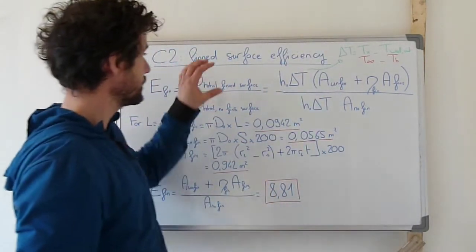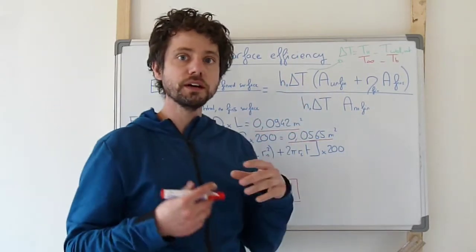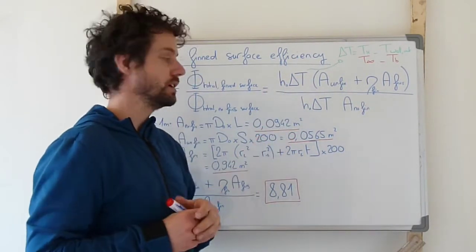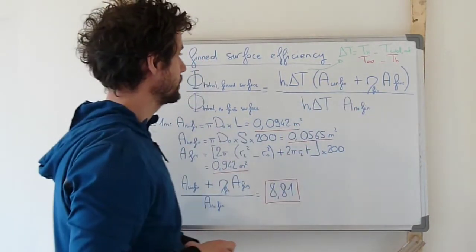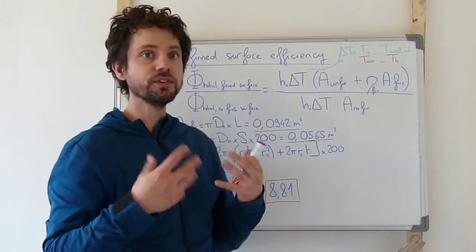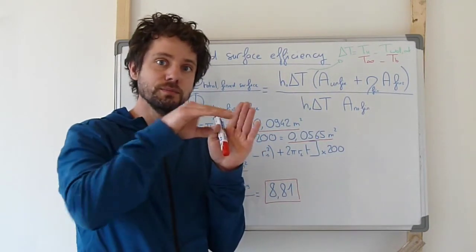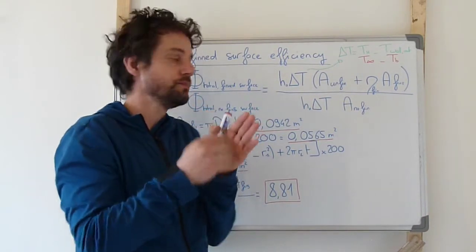So for the fin surface, the heat transfer area on which this convective heat transfer is taking place is first what we call the unfinned surface. So it's the outer wall of the pipe between the fins.